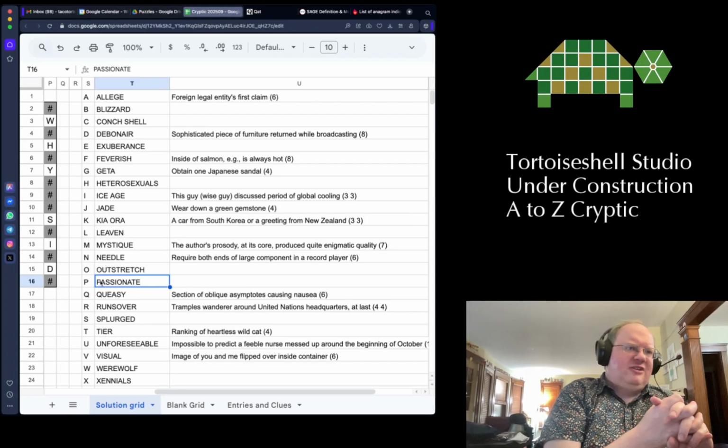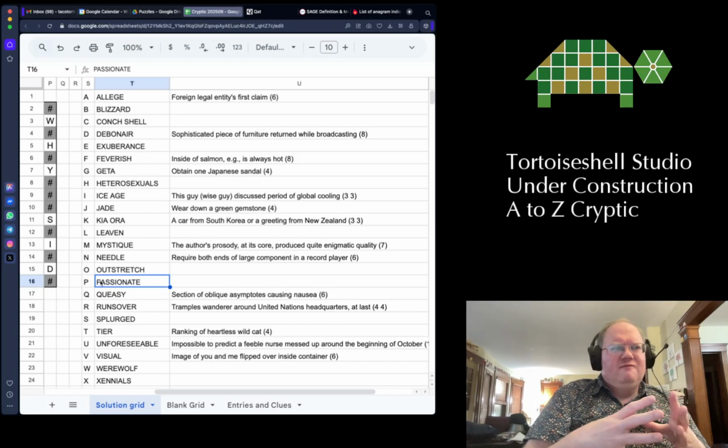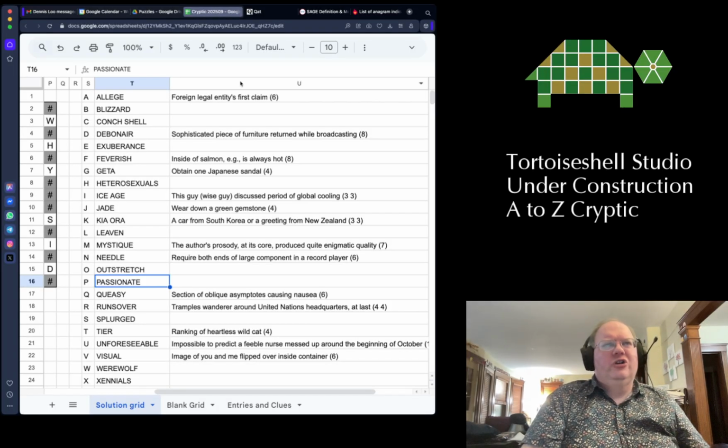And I like pass on around I because it's a phrasal verb that you can clue with a single word like bequeath or die.